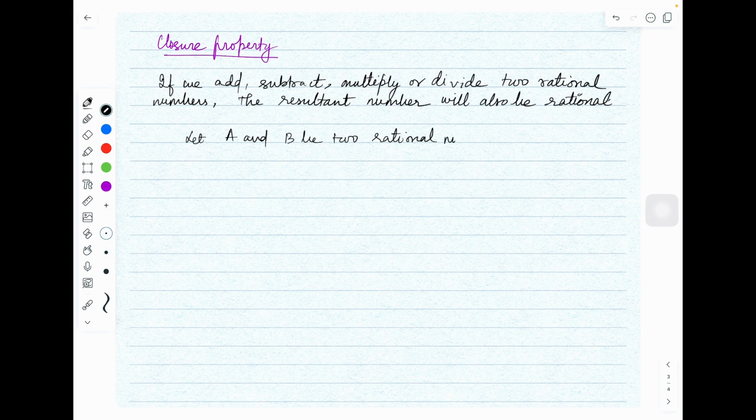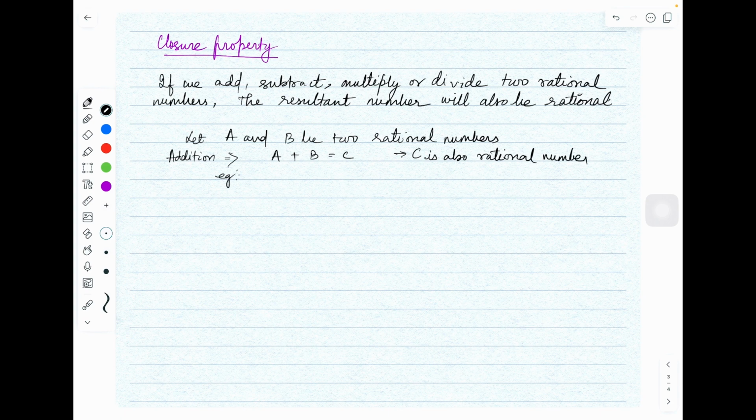Let a and b be two rational numbers. It is saying that if you add, a plus b equals c, that means c is also a rational number.